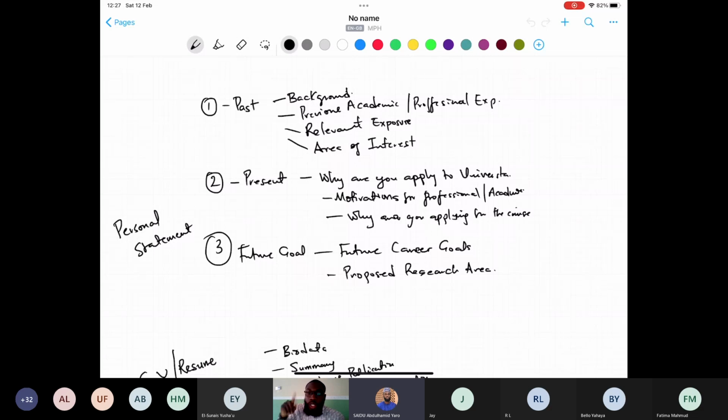The irony about the Commonwealth is that once you put someone's email and he doesn't respond, the whole deadline goes. So it's very, very important.